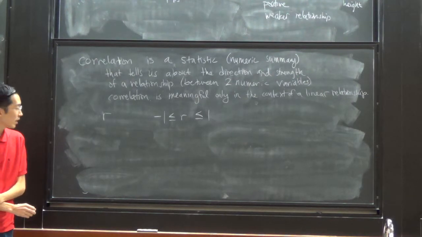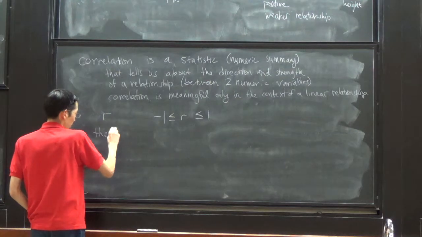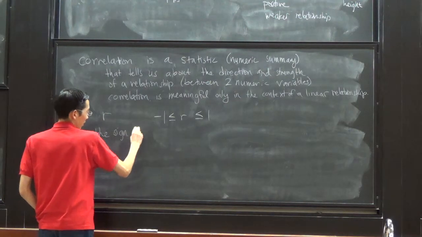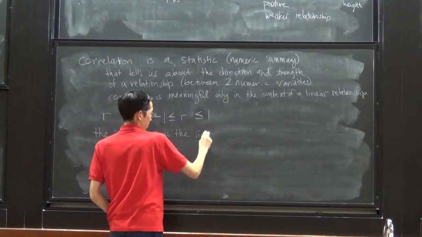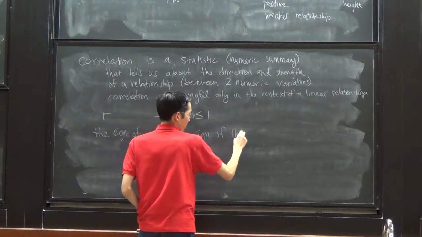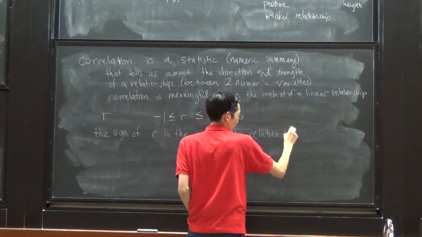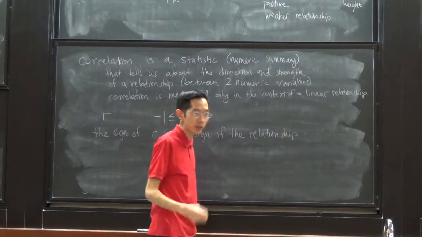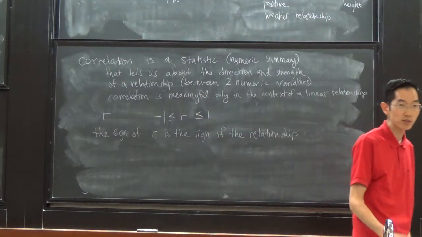And the sign of R is the sign of the relationship. So if R is positive, your relationship is positive. If R is negative, your relationship is negative.